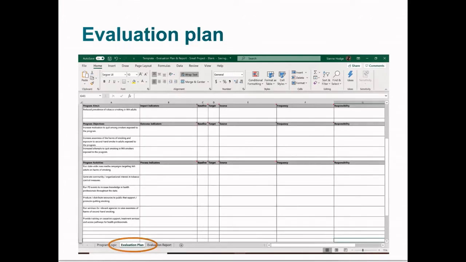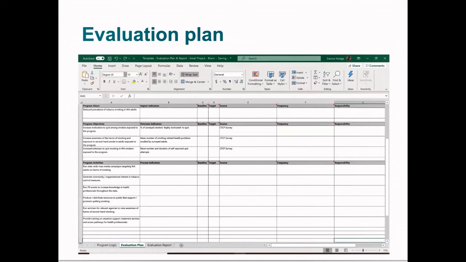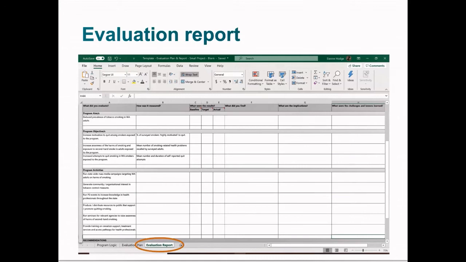So it reduces that administrative burden, and all you have to start thinking about here is, well, what indicators are you going to use, and where are you going to get that information to start measuring whether your objectives and aims and activities are being achieved as intended. And again, if you hover over the red triangle, you'll be provided with that advice. So here is the prompt for what to consider when selecting outcome indicators. And again, once you start inputting that information, it will transfer over to the evaluation report.